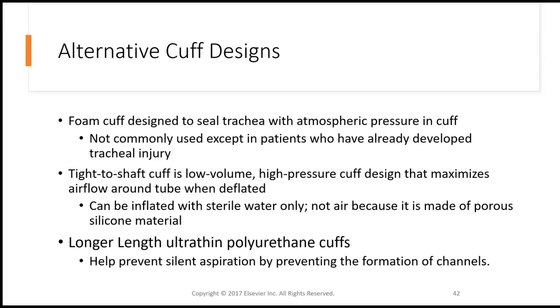And then finally, there are these longer length, ultra thin polyurethane cuffs. Based on their design and how they're shaped, they can help prevent silent aspiration. With a lot of cuff designs, even when they're inflated, they can have folds and creases in the cuff, and those can make little channels for secretions to run down past the cuff into the lower airways.